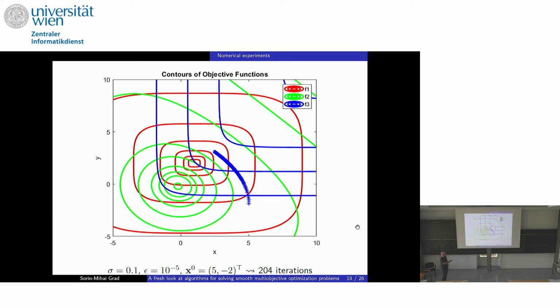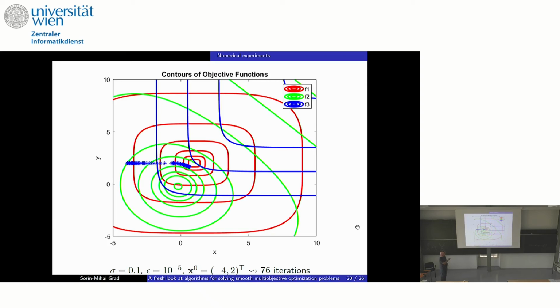So we started at (5, -2), which is here, and in so many iterations, the algorithm stopped here, delivering an approximate substationary point. And we have several similar pictures, starting here. The algorithm goes like this, and you see the difference. Here there were 204, here it's 25 iterations, so the numbers of iterations are still not thousands, they are still manageable.